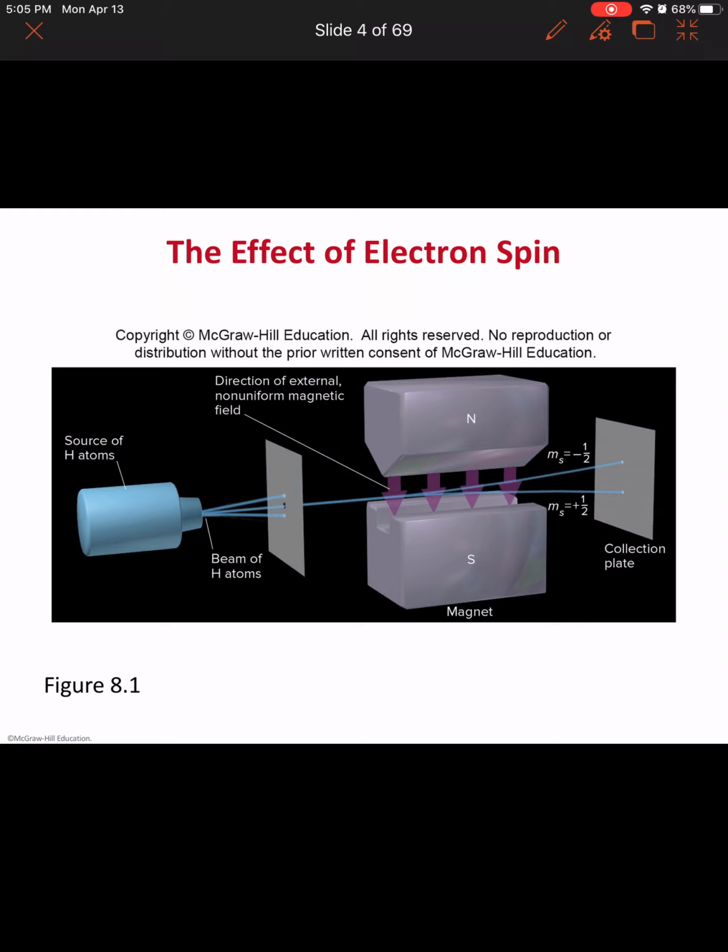Okay, half of the electrons are attracted by the large external magnetic field, while the other half are repelled by it. So as a result, they are going to separate into the 2 types of spins. One is ms minus half, the other one is ms plus half. Okay, so some of the electrons would take the spin plus half, and some would be minus half. That is the electron spin.